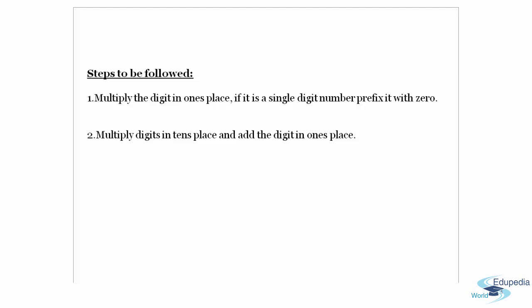After multiplying, you get the product. Add the digit in the ones place to that product. Finally, club both the products, and it becomes the final answer for the numbers you are multiplying. Now, let us go through the detailed procedure with an example.